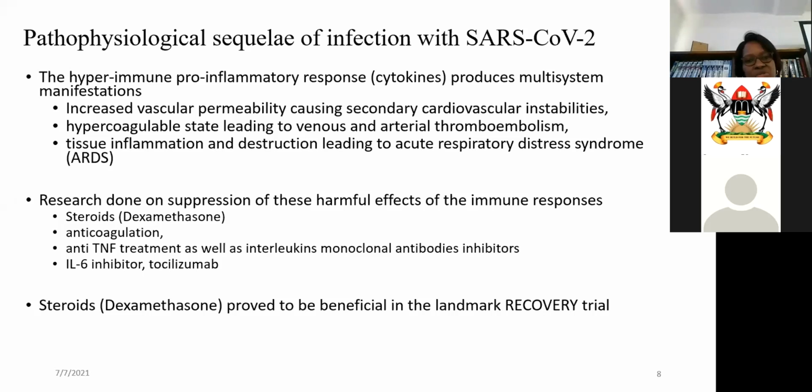However, those are also not available in the majority of our settings here. These include things like interleukin-6 inhibitors and tocilizumab. As I mentioned, dexamethasone has proven to be beneficial, and that is one of the drugs we have incorporated in our treatment guidelines, and we are currently using it for patients with severe and critical disease.